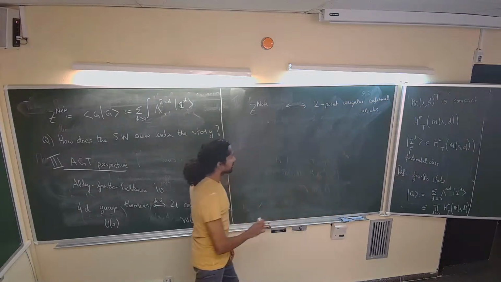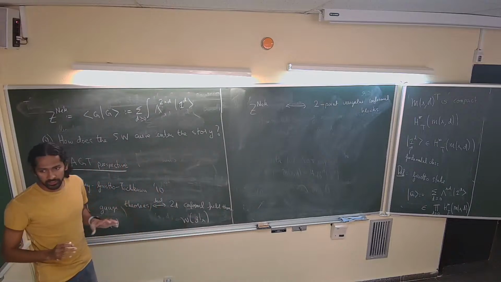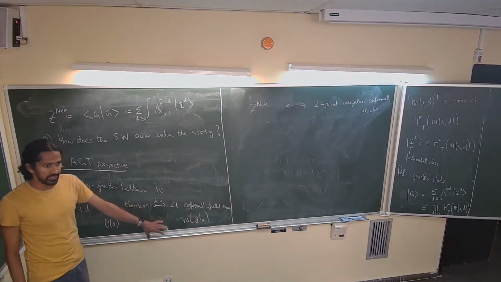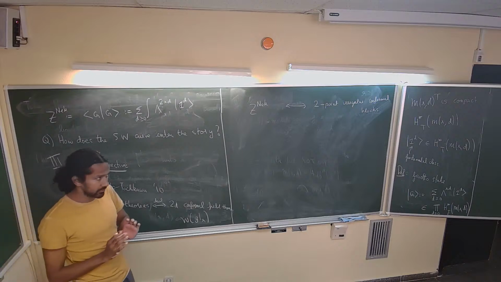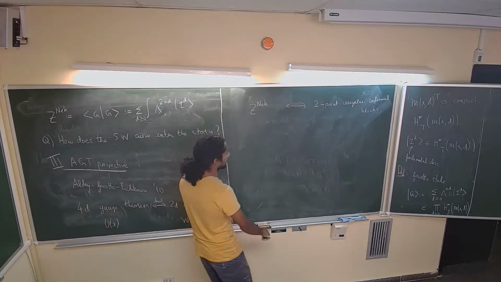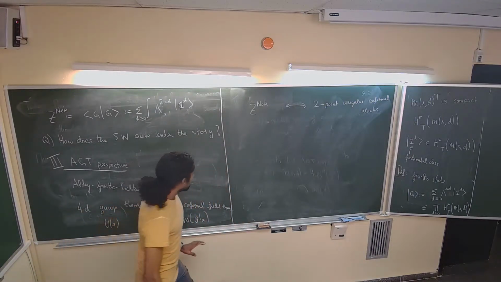These are the sort of things you can think of as the building blocks of correlation functions in your 2D theory.